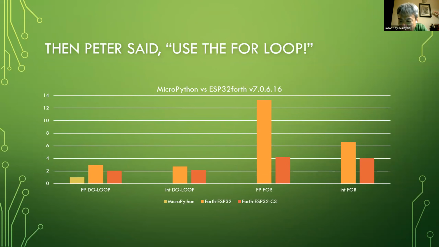Now with everything in a for loop, in floating point, you find that ESP32FORTH, the latest version, is now 13 times faster than MicroPython. And the integer version of the benchmark is 6.5 times faster than MicroPython. But I didn't do an integer version on MicroPython, so I wouldn't really know.